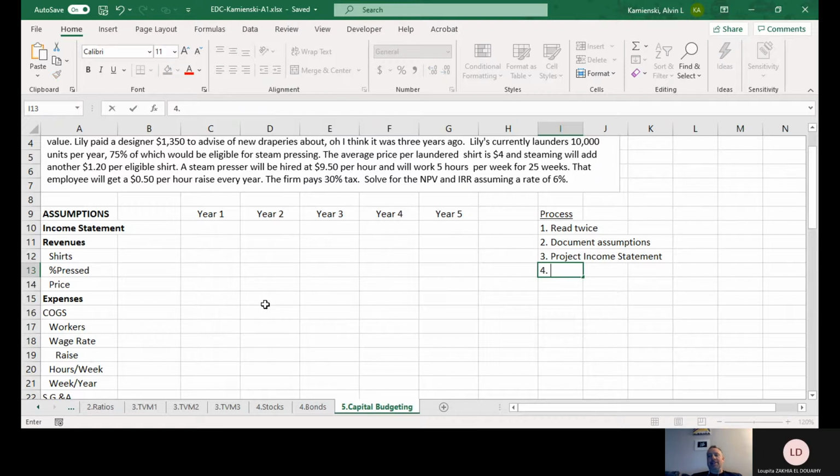But an income statement needs to be converted into cash flows. Cash flows will be more specific to the cash that comes in and the cash that comes out.